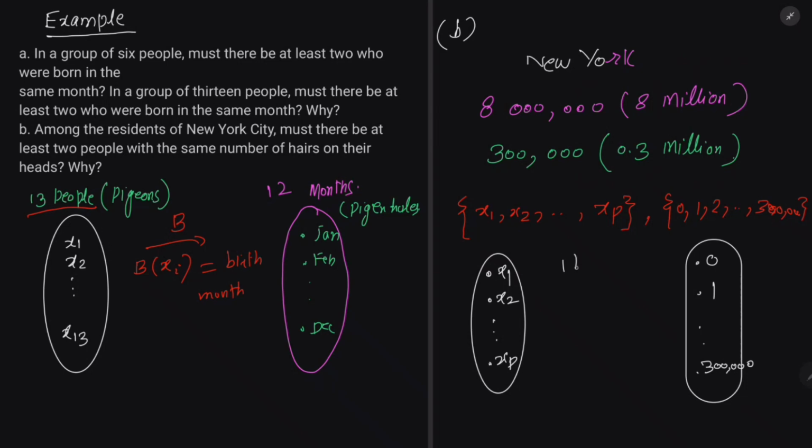So in that case, we have h, where h maps each xi to the number of hairs on xi's head. Okay, that is the case. So these are the pigeons. So it means that there must be at least two people who have the same number of hairs on their head.